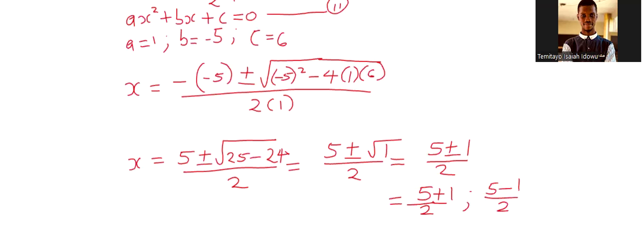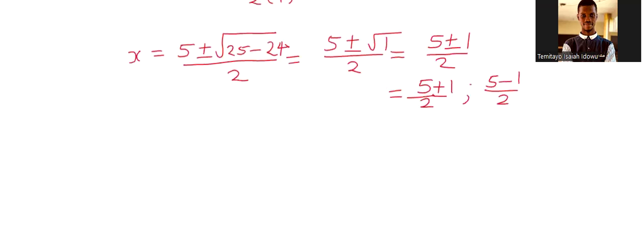So that means our x can either be 5 plus 1, which is 6, over 2, or 4 over 2. So our final answer will be 3 or 2. So that would be the value of our x.